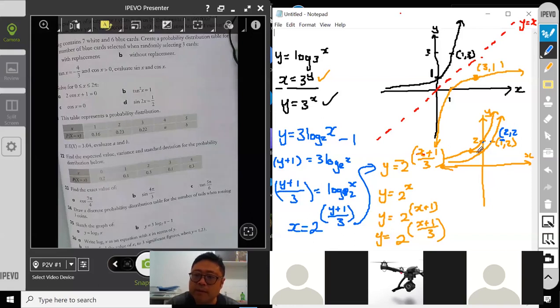Instead of this being 1 unit, it'll be 3 units, which will end up at 2. So essentially your curve will look a lot flatter.